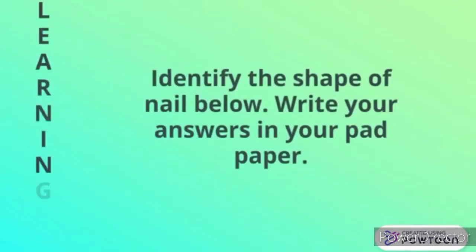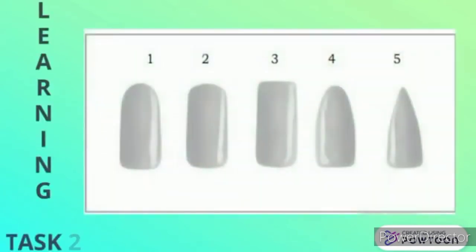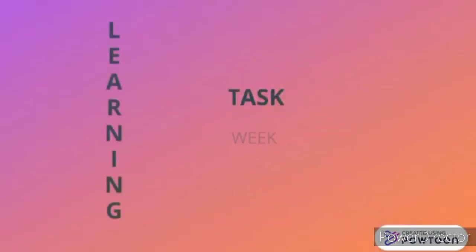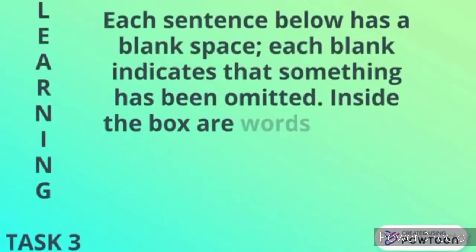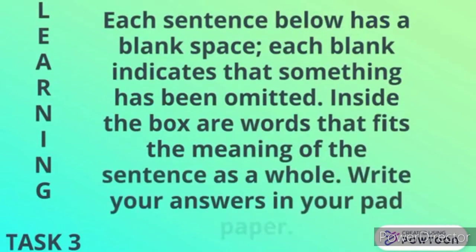In learning task 2, you will just write the shape of the nail. In learning task 3, you will just write the word or group of words that has been omitted. In other words, complete the sentence by choosing the correct answer from the box.